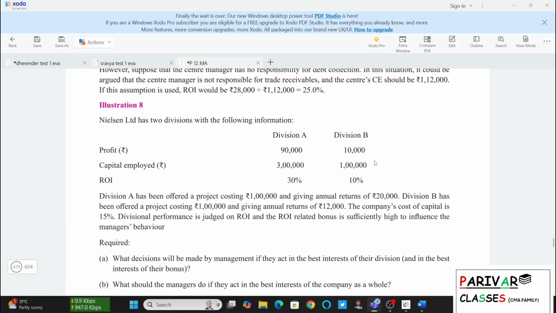And for division B, capital employed will be 2 lakhs, 1 lakh plus 1 lakh. I hope capital employed is clear, 4 lakhs and 2 lakhs. Updated profit for division A, 20,000 addition, means 1 lakh 10,000. For division B, 12,000 addition, that means 22,000. I think updated profit is also clear.